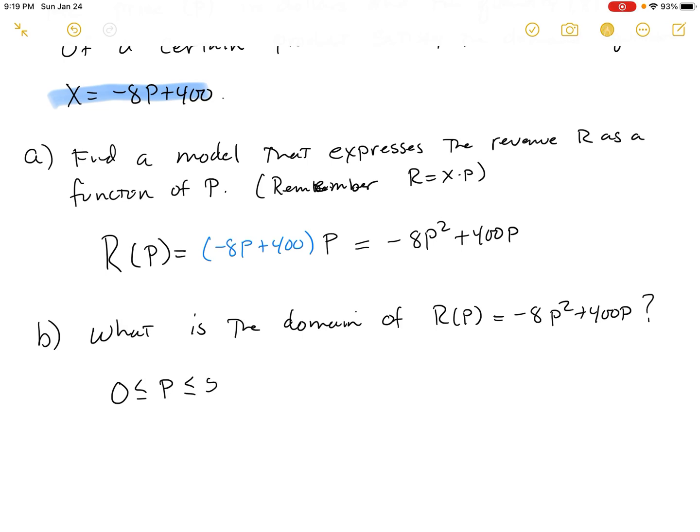It's 50. If you're saying, well, how are you doing that, Jensen? Just set it equal to 0, and come back with me to Algebra 1. Let's factor out the greatest common factor, negative 8p, and we'll be left with p minus 50. Certainly you can see that this one's going to give us 0 and that this one's going to give us 50. Perfect.